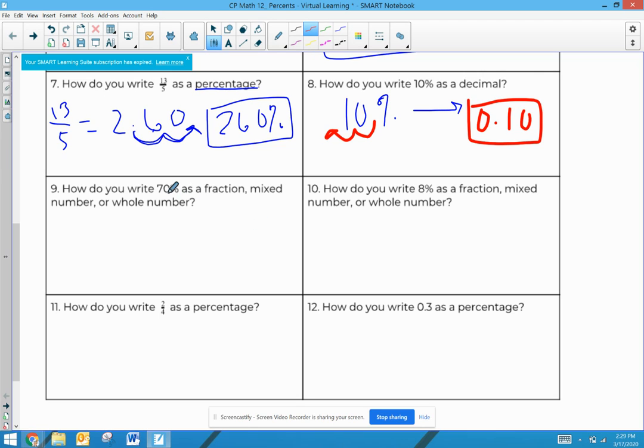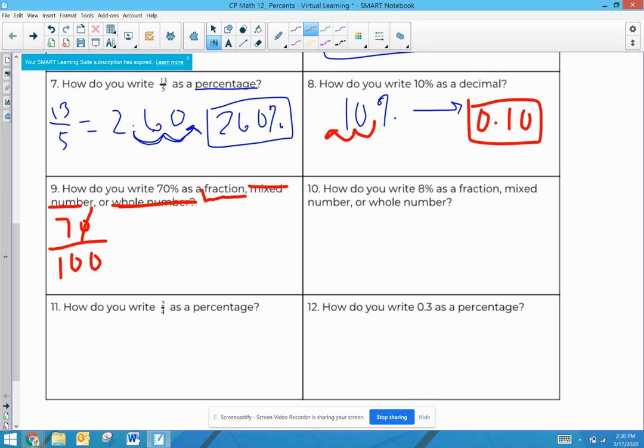All right, how do you write 70% as a fraction, mixed number, or whole number? Well, it's not going to be a whole number. It's not going to be a mixed number because it's less than 100%. So it's going to be a fraction. 70% means 70 per 100.